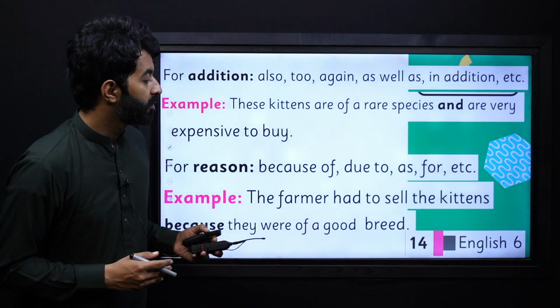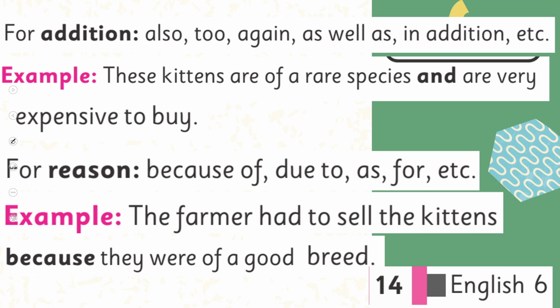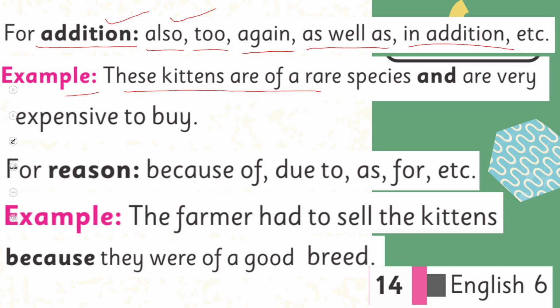Now from page number 14 of your book, let's read it. So for addition, if you want to add something in your passage, in your paragraph: also, to, again, as well as, in addition. All these are used for addition or adding something in your sentences. For example, these kittens are of a rare species and are very expensive to buy.